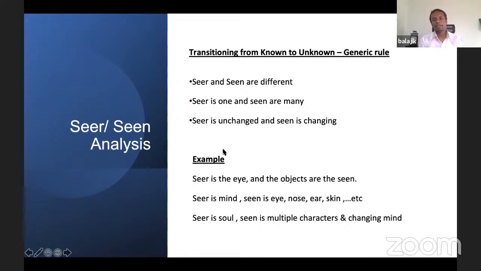Everything can be taken through this process and repeatedly gone through the seer and seen. So a distance between the soul and the mind comes in, because the mind is what has been experiencing everything, and there is something which is not in our experience at this point of time, which is just watching it.